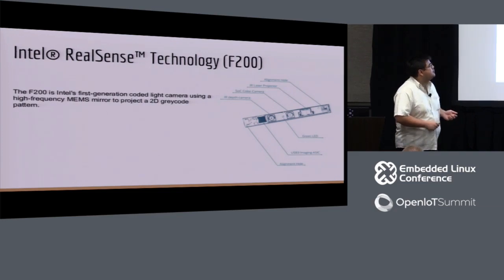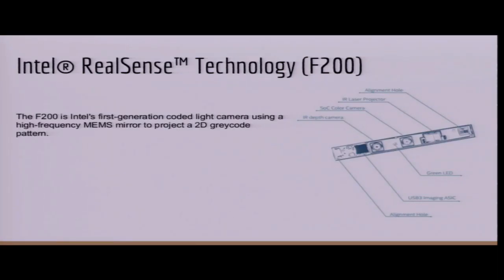The front camera is similar to the Kinect. It has an RGB camera, an IR laser, and an IR camera, and it uses the same features as the Kinect, but in a small size.